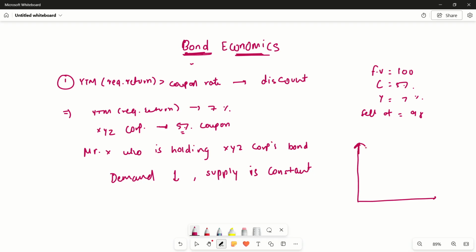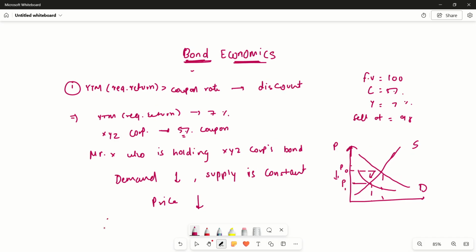In basic economics, the demand curve flows from up to down, and the supply curve goes from bottom to top like this. Let's suppose this is price, and demand falls. So this is the new price. Its price falls.